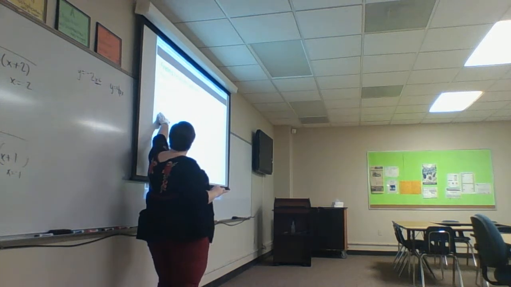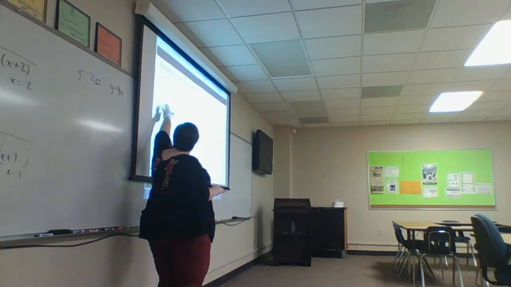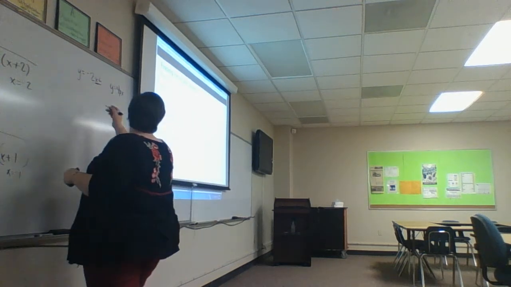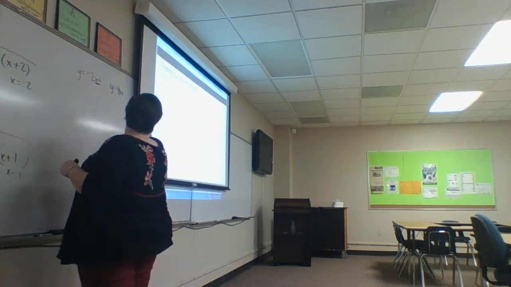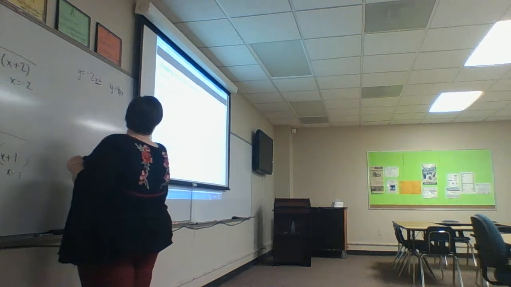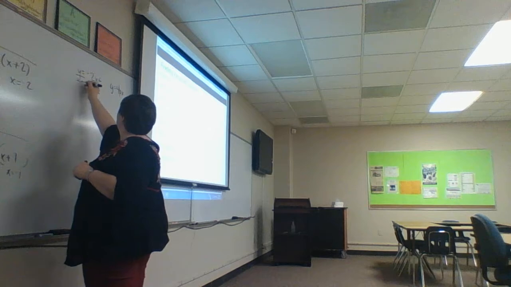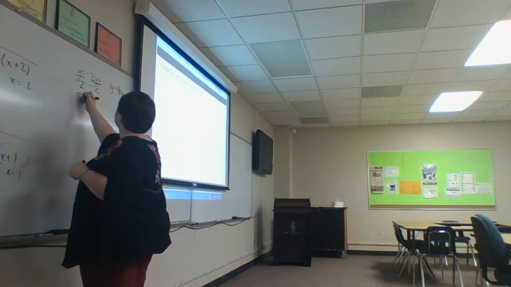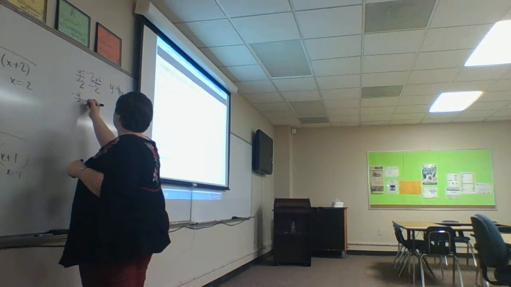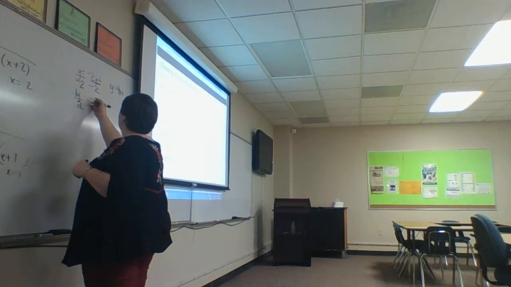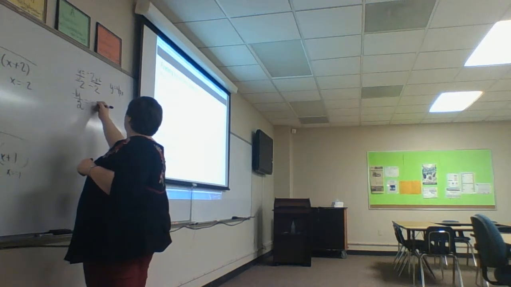Divide each side by -2 to get x by itself. So y divided by 2, or 1/2 y, equals x squared.